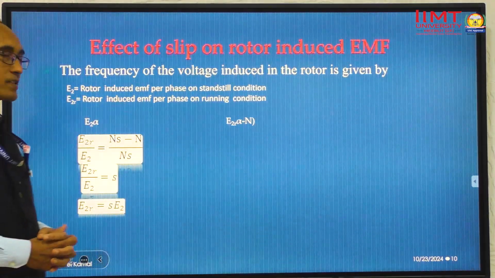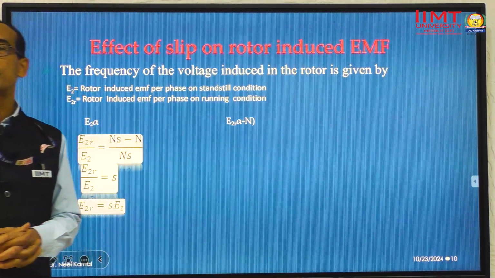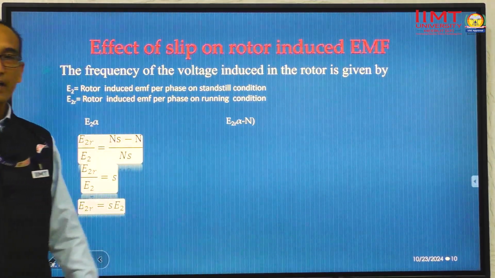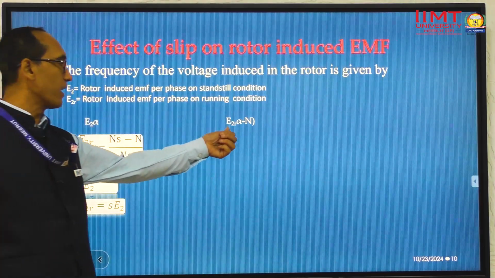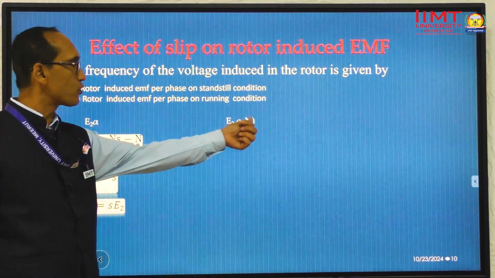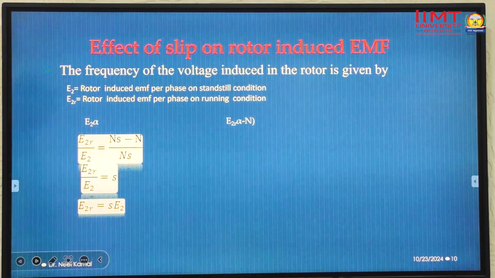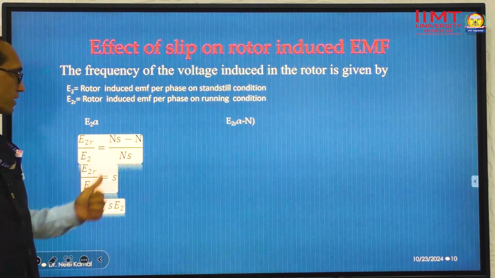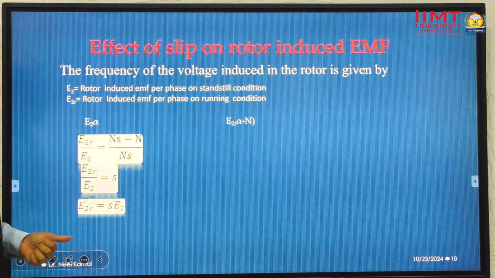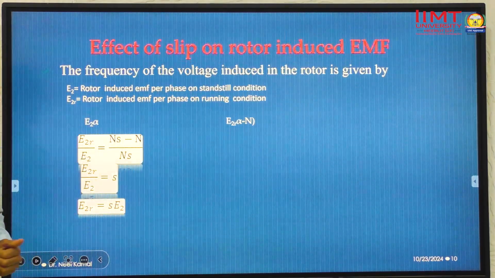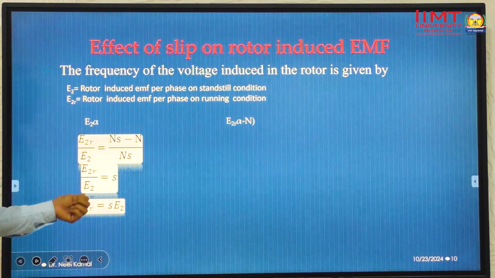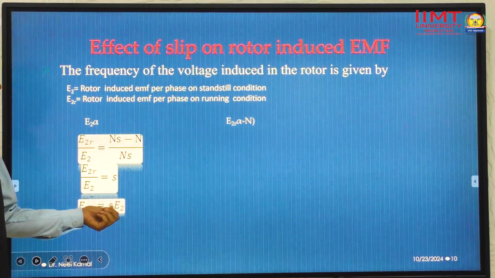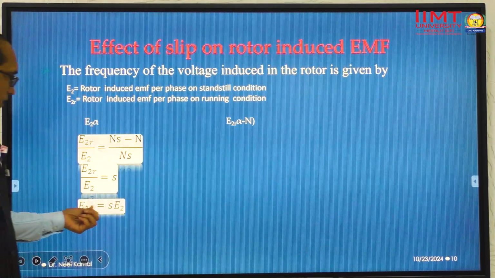Induced EMF at standstill is proportional to synchronous speed, while N is the actual speed of the rotor, so when the rotor is running E2R is proportional to N. If we take the ratio E2R upon E2, we get Ns minus N upon Ns, which is known as the slip. So E2R upon E2 is equal to slip, and in this case E2R is equal to S into E2. So what is this?